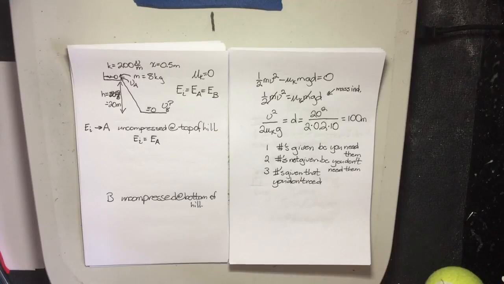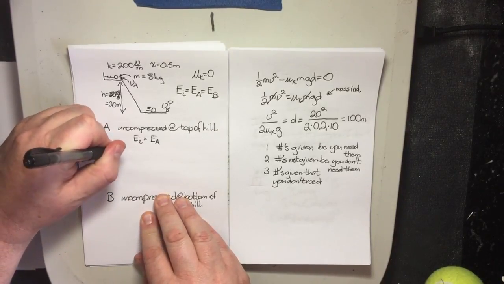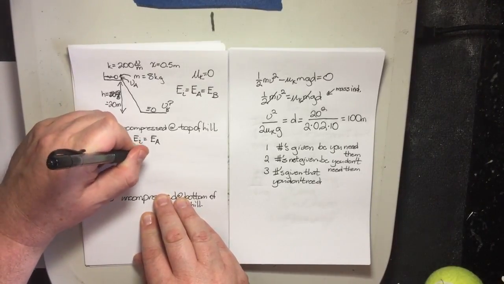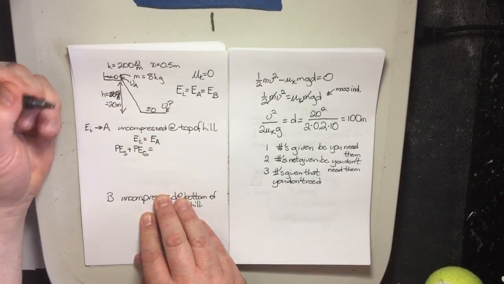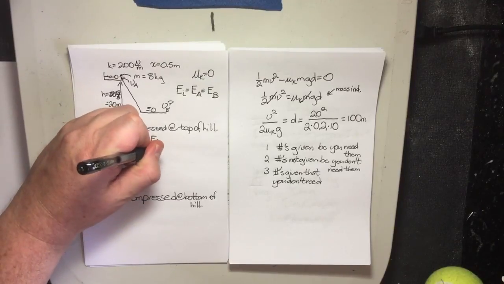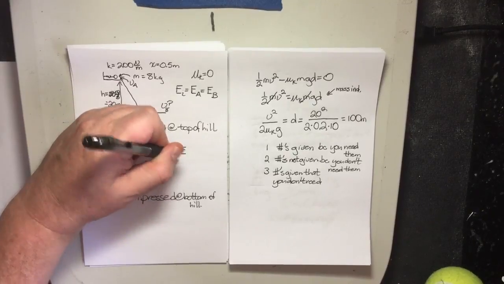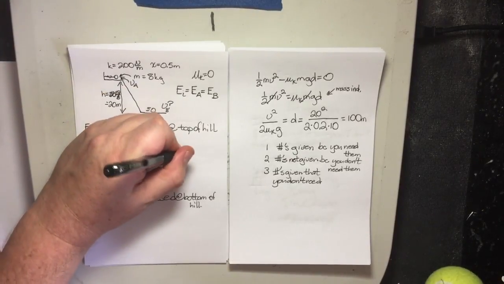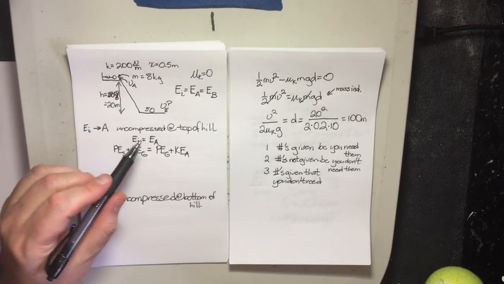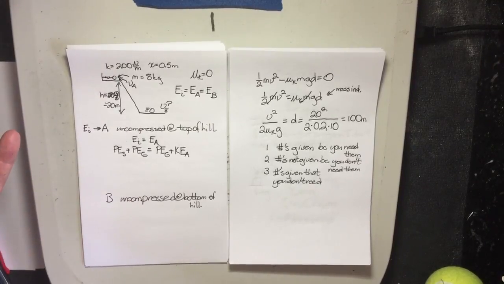The initial energy is, we've got potential energy of the spring, potential energy due to gravity. The energy at A, the uncompressed, is the potential energy for gravity plus the kinetic energy at A. These are equal. There's no change in potential energy.